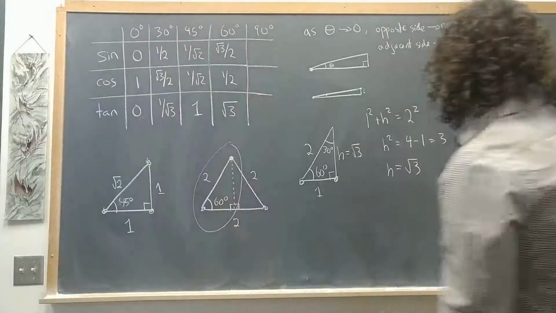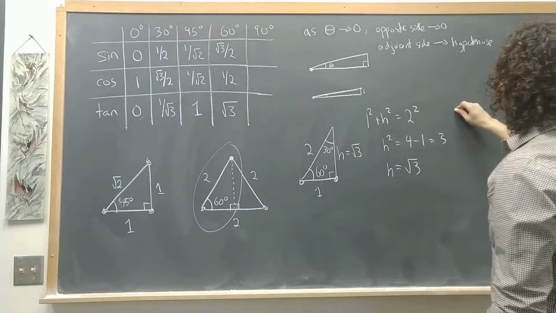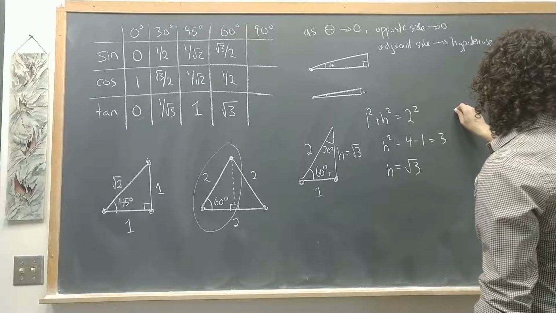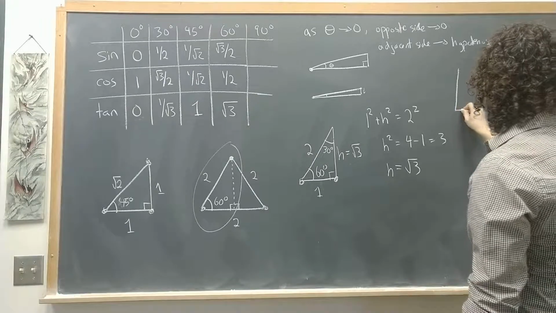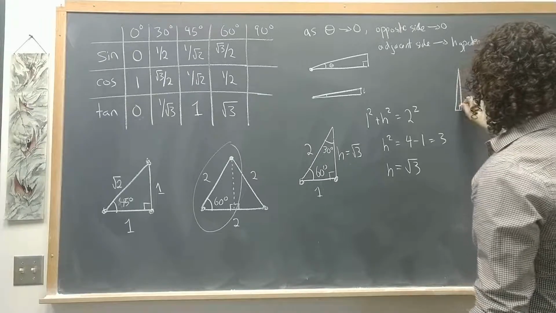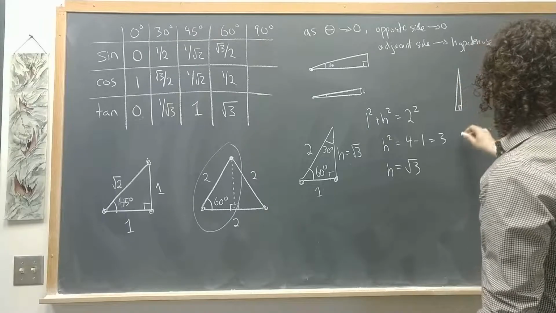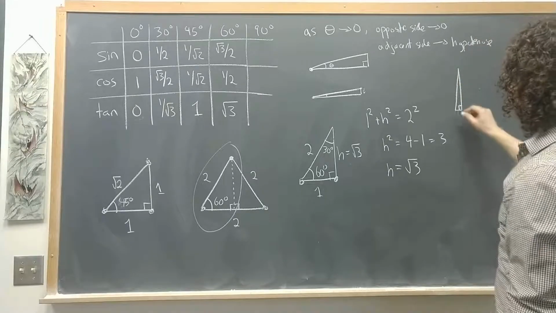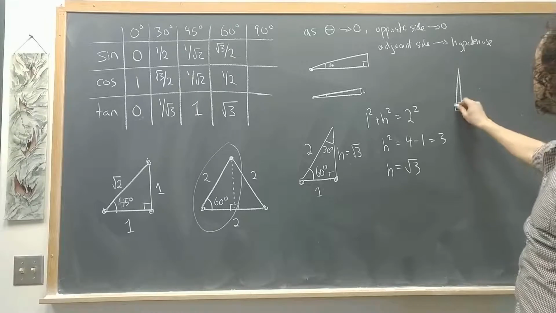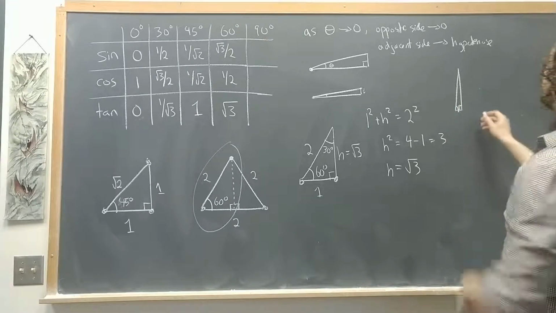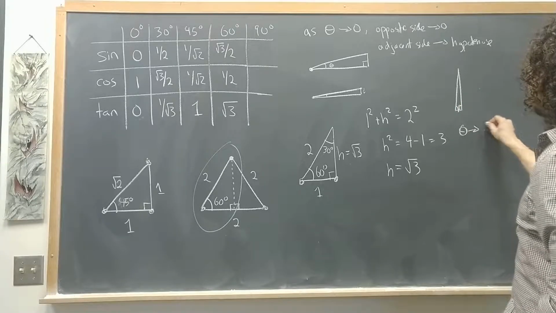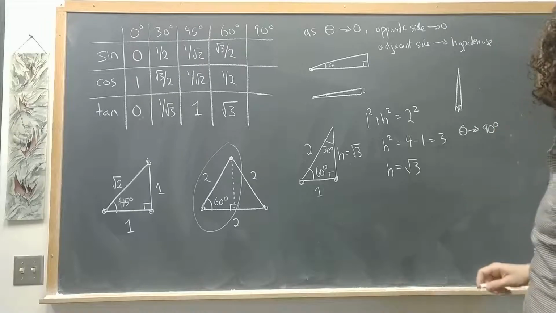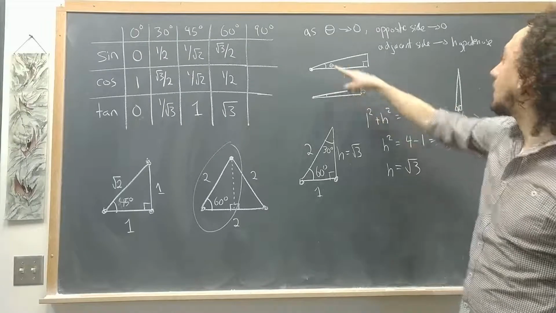And finally, if we look at a right angle triangle where the angle is approaching 90 degrees, so we've got our right angle on this side, and what I'm doing is I'm drawing a triangle where the angle on the bottom left here is getting closer and closer to 90 degrees. And now I see something is happening kind of like the opposite of this.